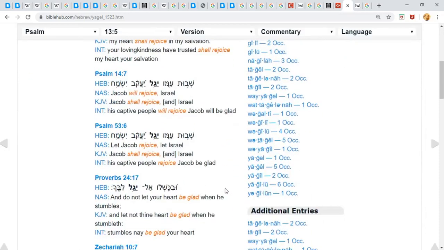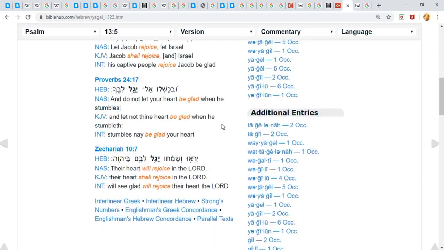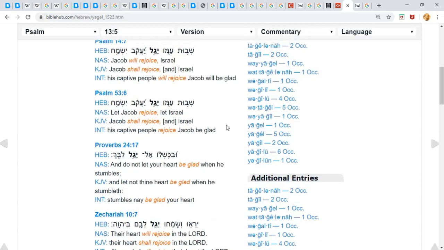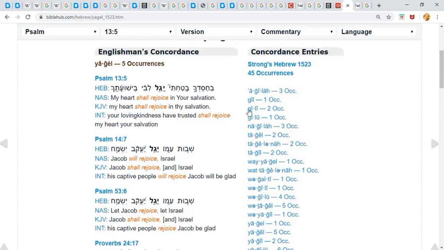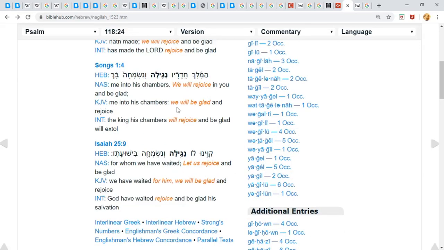Rejoice. Be glad. Wiggle, jiggle. This niggle, N-G-I-L-E, that's probably even angel, Angile, Agile. It's a good chance that's where your word angel comes from.